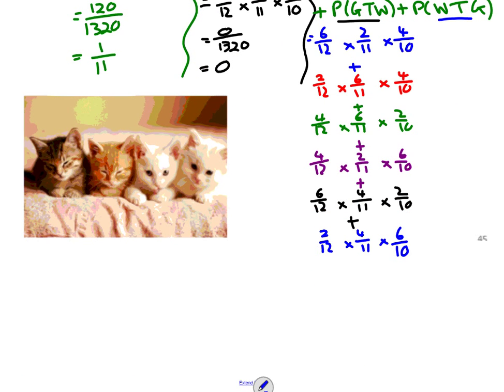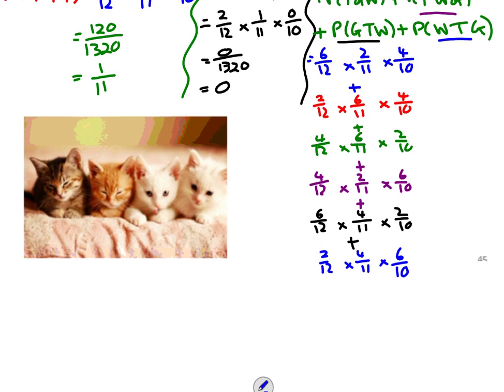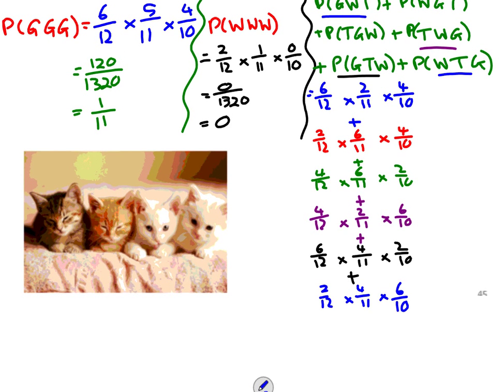Notice for all of those, the denominator will be the same number. 12 times 11 times 10, you worked it out before, it's just 1320.